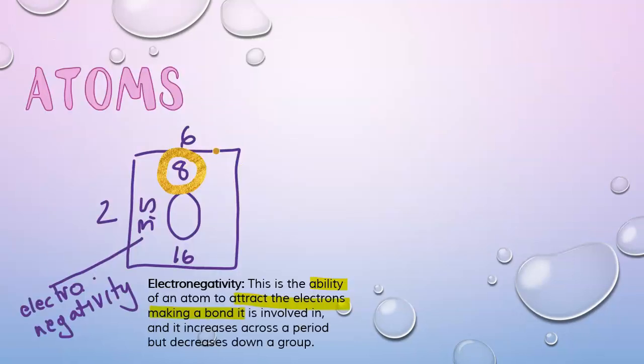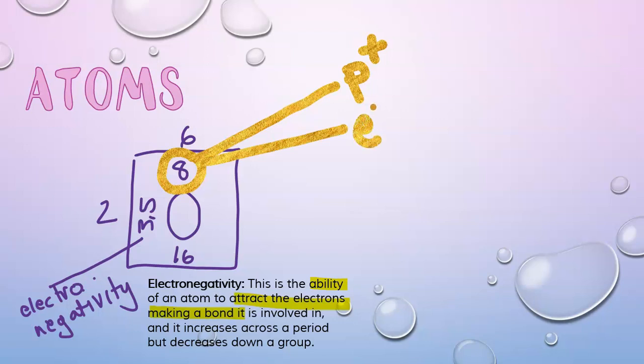Okay, and that 8 tells us a lot of things. So firstly, it tells us the number of protons. Okay, and I'm going to draw a nice picture for you now. And if Olivia is in a neutral state, it also gives us the number of electrons. So it's always the number of protons, and most of the time, if oxygen is in a neutral state, it will also be the number of electrons.